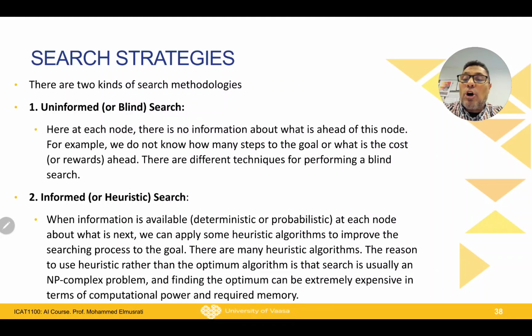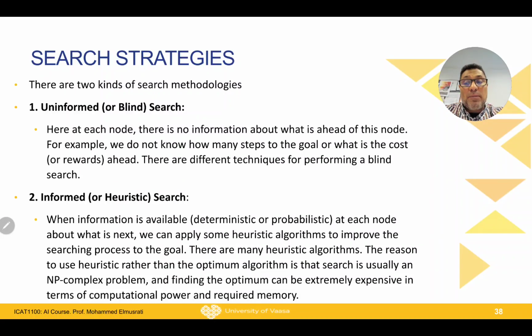In informed or heuristic search, you have some knowledge about the problem, and then how can we use this pre-knowledge in order to minimize the time cost and space cost in order to find the solution.